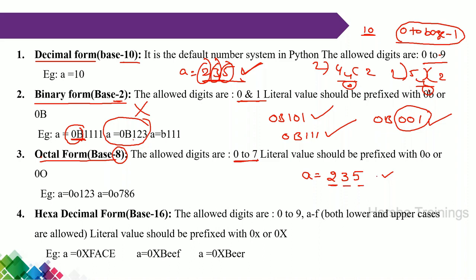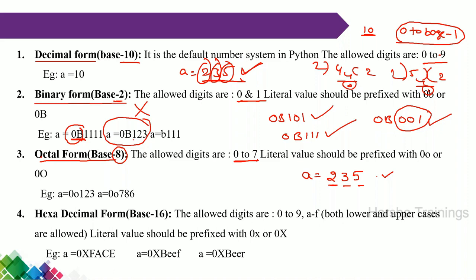Now the question is whether 235 is an octal number or a decimal number. There is a conflict. You got my point? If the digits are between 0 to 7, that is called an octal number, and in the same sense, that is also called a decimal number.